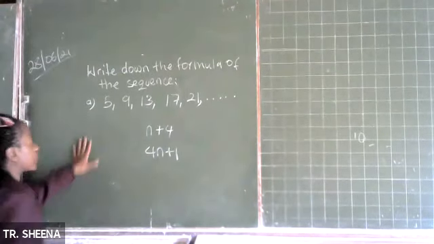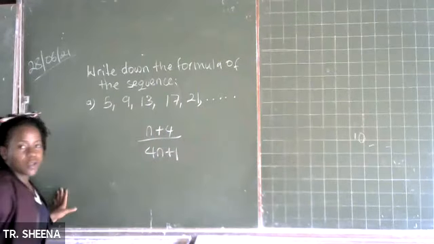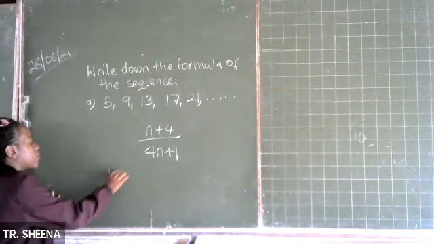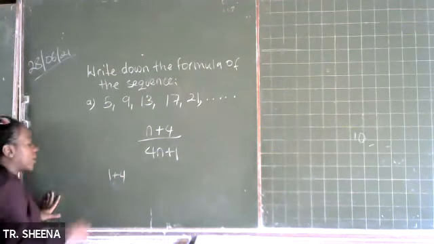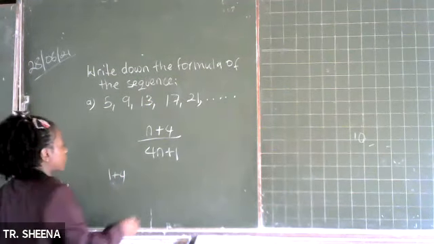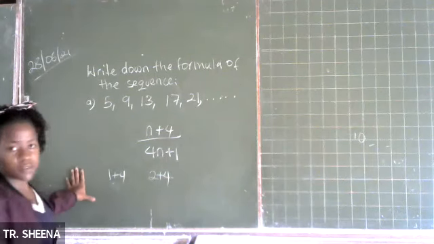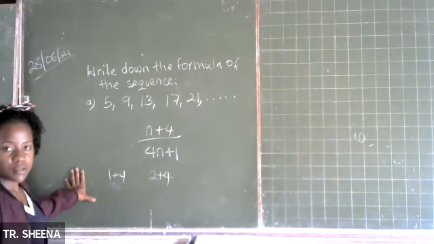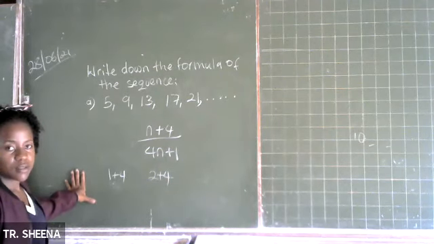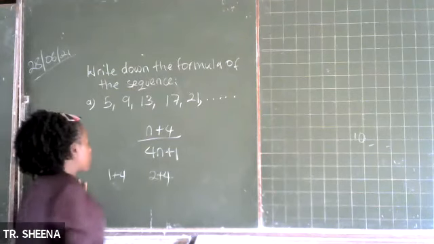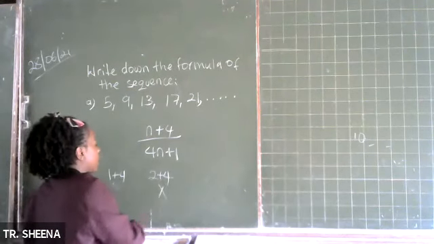Let's check them. Let's first check this first one, n plus 4. Our first n is 1. 1 plus 4 is 5. So it checks for the first term. Our second term is 2. 2 plus 4 is 6, right? So it does not check for the second term.